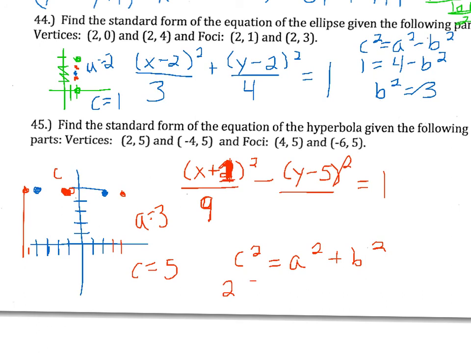So 25 equals 9 plus b squared. So 16 equals b squared. So a 16 will go underneath the y minus 5. Just going to make the final equation look a little prettier, so we'll erase that and put a 1 there.